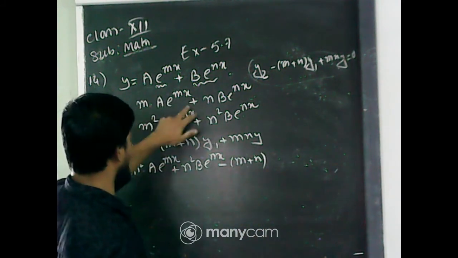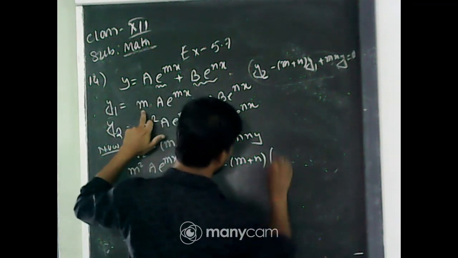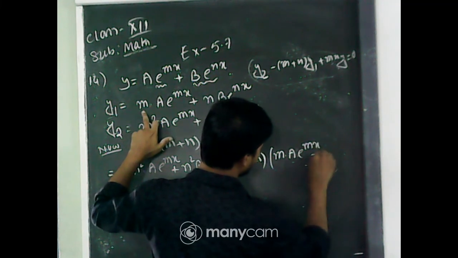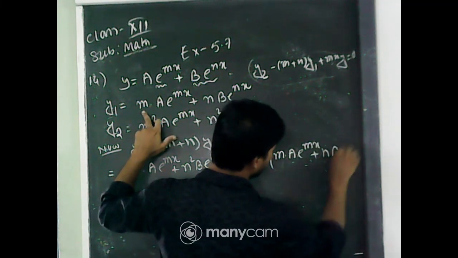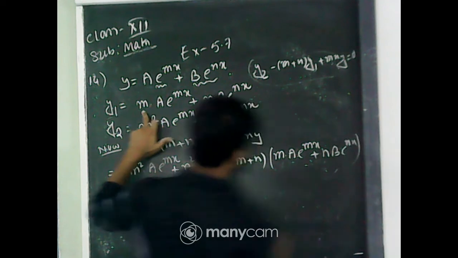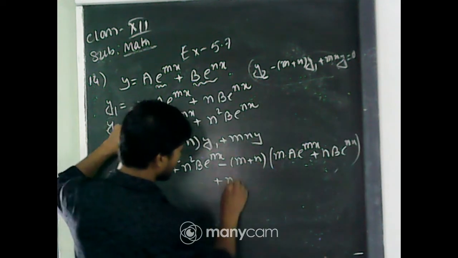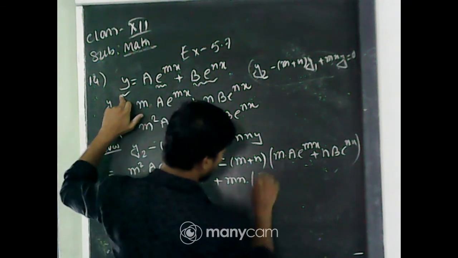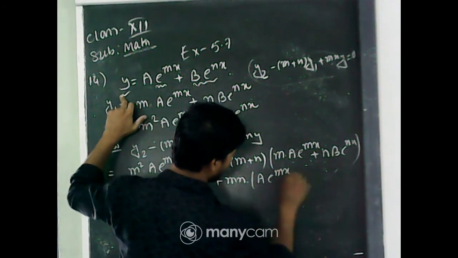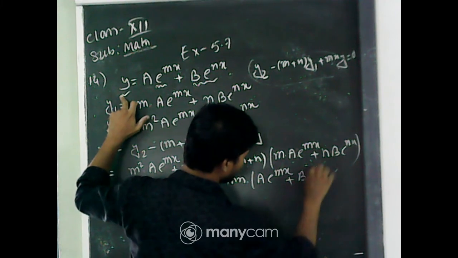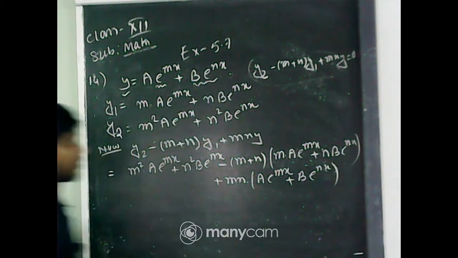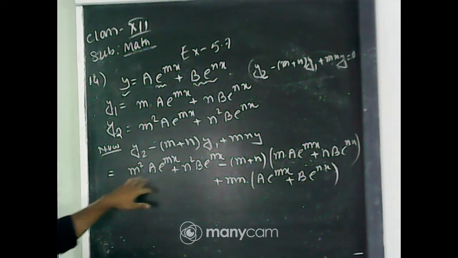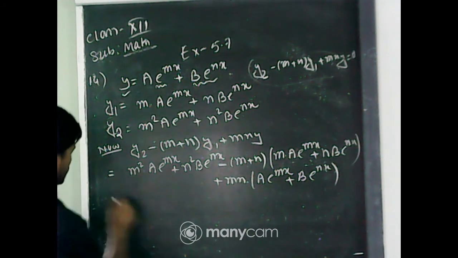The value of y1 is this, put it here. So that means m into a e to the power mx plus n into b e to the power nx, plus mn into y. y means a e to the power mx plus b e to the power nx. All the values of y2, y1 and y are now put here. Now just do the calculation.